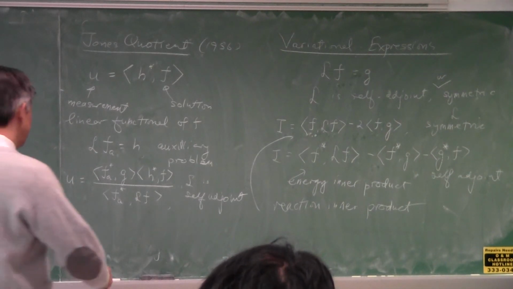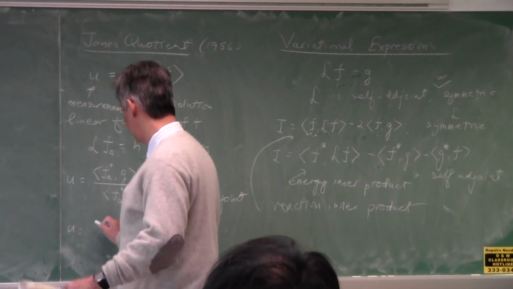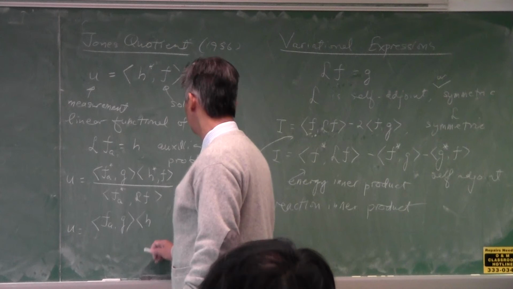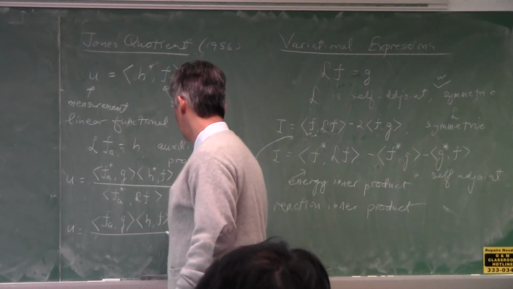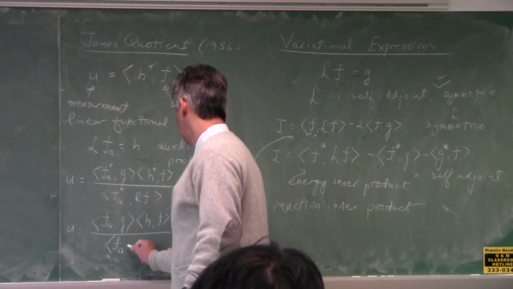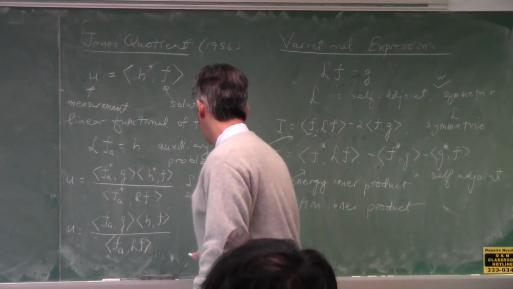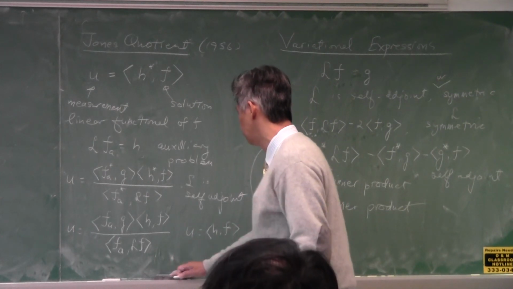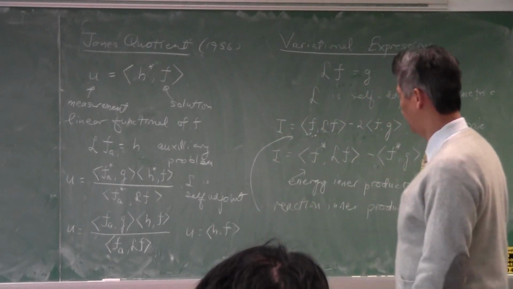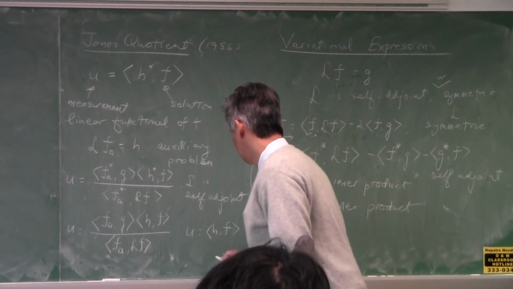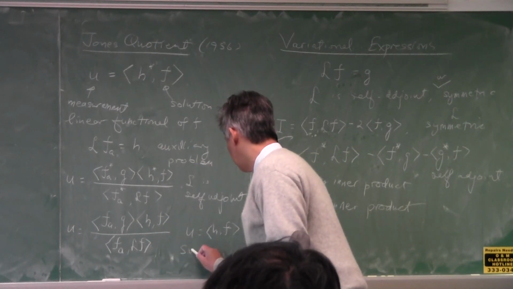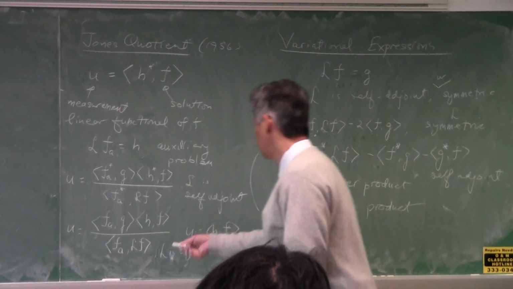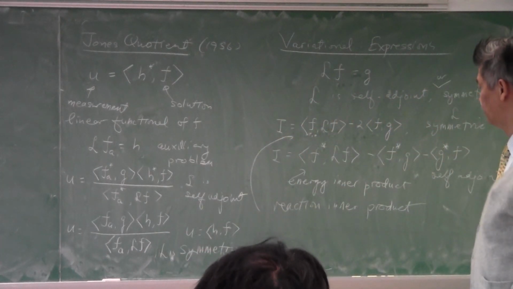But if L is not self-adjoint, you can also define a Jones quotient in this manner without the complex conjugation. And in this case, U would have been H comma F without the complex conjugation. Okay, and this is for symmetrical. If L is symmetric but not self-adjoint. So you have two kinds of Jones quotient to use.